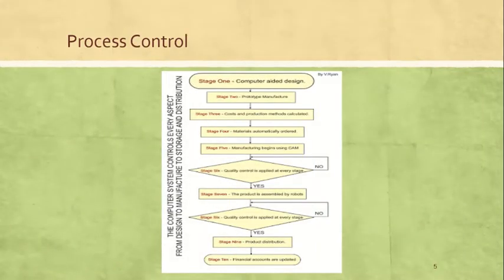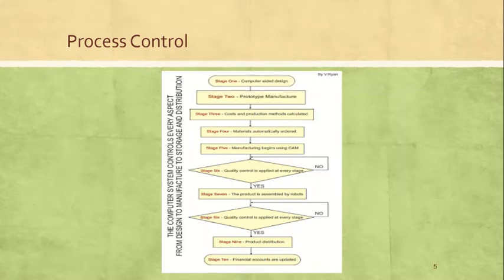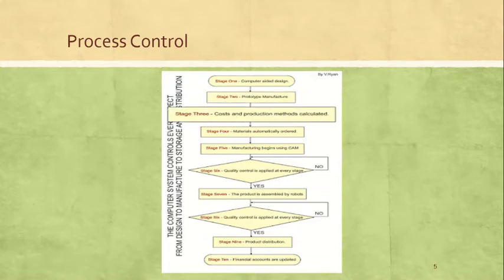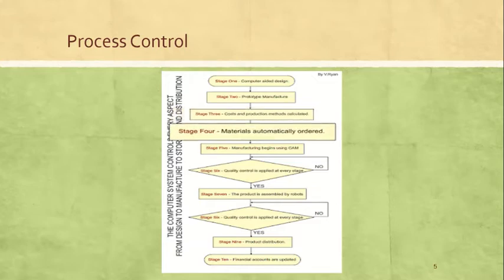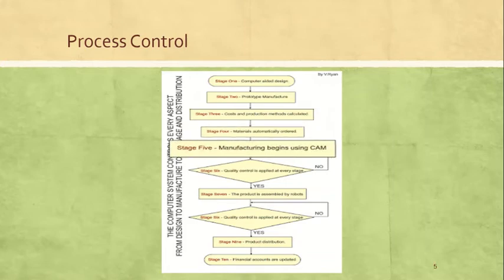Then next one is the process control of CIM. Stage 1 is computer aided design. Stage 2 is prototype manufacture. Stage 3 is cost and production methods calculated. Stage 4 is materials automatically ordered. Stage 5 is manufacturing begins using CAM.